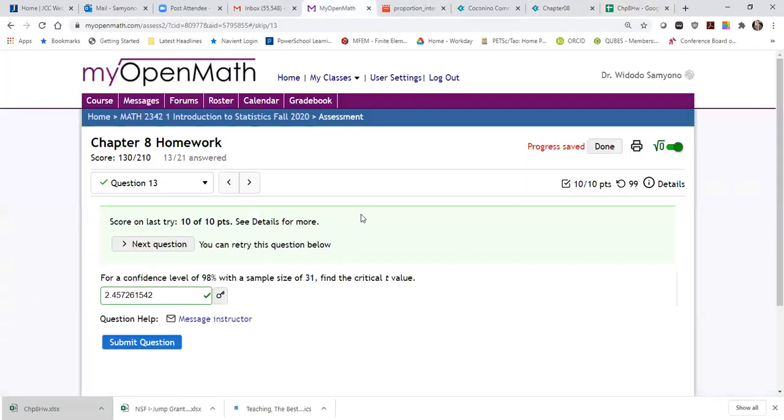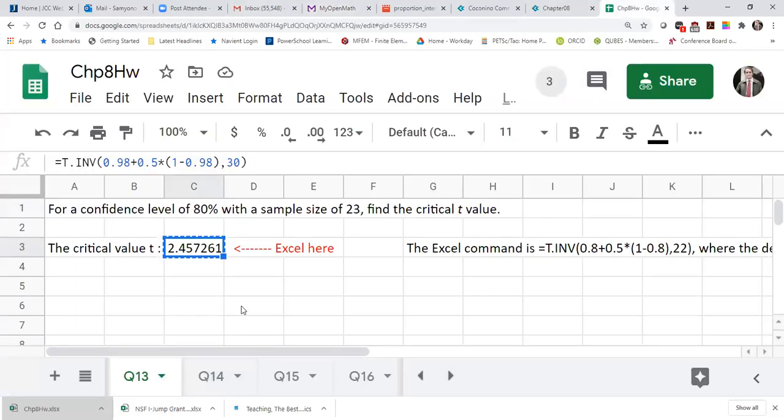Actually, I'm trying to edit my questions on Excel, but I can't. I don't know why. They said I have to request you to allow me so that I can edit. Oh, yeah, I didn't make you an editor, so you have to copy it and put it in your own drive. So you need to copy this file, put it in your own directory, and then you can edit it.